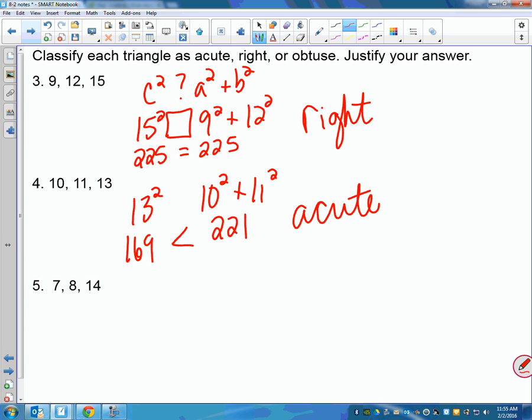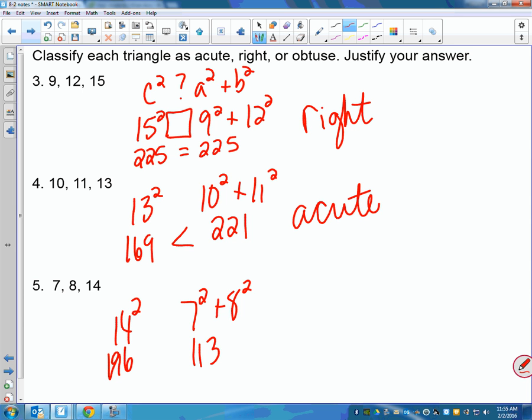What about the third one? Does it meet the requirements? It does, right? If I add two sides together, it's always bigger than the third side. 14 squared plus 8 squared. So look, it worked out so nice.